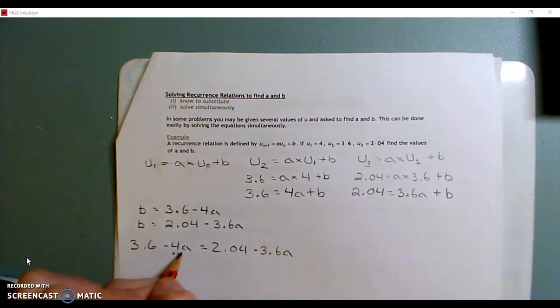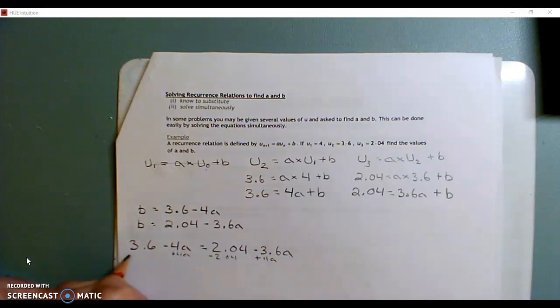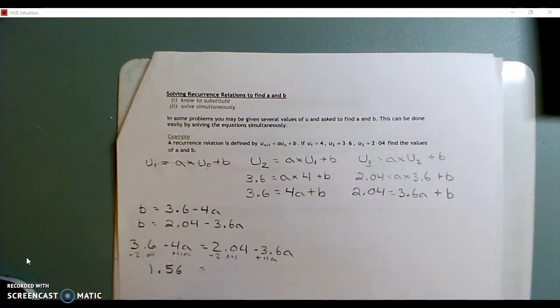I'm going to add 4A to both sides and subtract 2.04 from each side. When I do this, 3.6 minus 2.04 gives me 1.56. 4A minus 4A is 0. 2.04 minus 2.04 is 0. And then 4A minus 3.6A gives me 0.4A. Divide both sides by 0.4, and A will be 3.9.